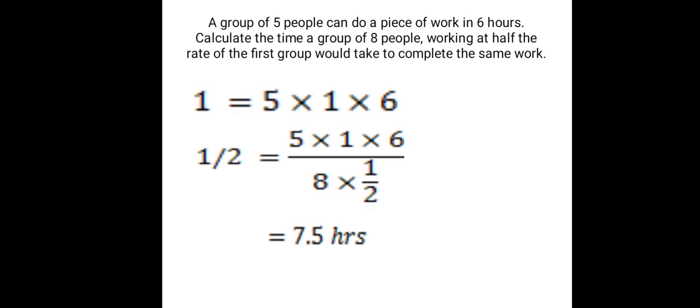So we shall take the work of the first group divided by the number of people in the second group and the rate at which they are working. So we get that they will have to finish that work in 7.5 hours.